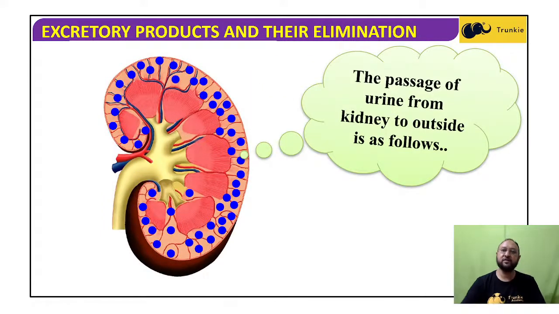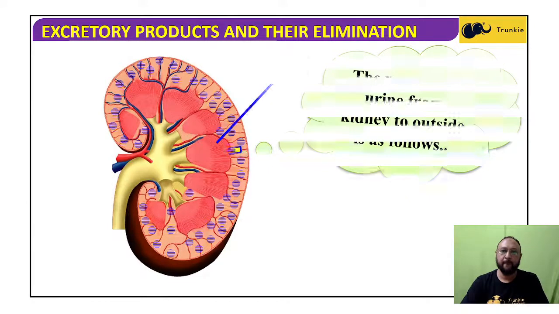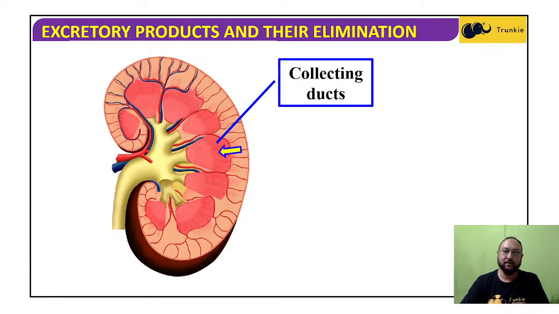Okay, the passage of urine from the kidney to the outside is as follows. Now you see, collecting duct. We will see in another class how the filtration takes place and how the urine is formed. Once the urine is formed, when the blood strikes the surface of the glomerulus, urine goes into the collecting duct.